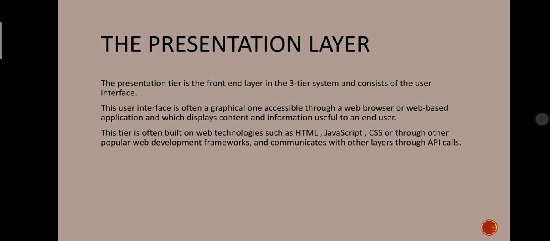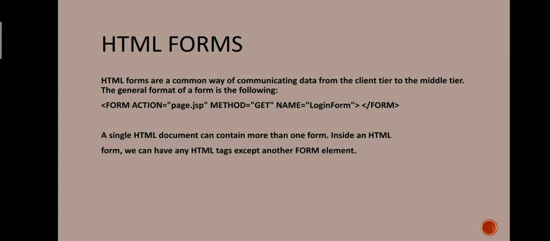Now let us move on to the next slide to know about HTML forms. HTML forms are the common way of communicating data from the client tier to the middle tier. They have shown the general format of the HTML forms here, that is form.